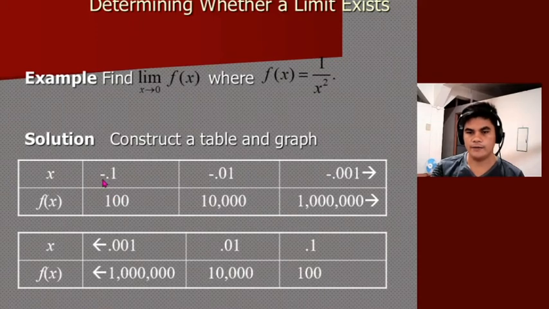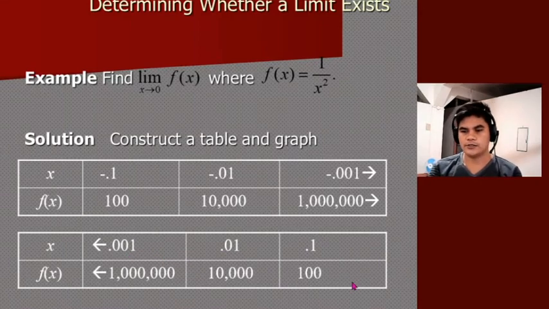From the left, we have negative 0.1, negative 0.01, and negative 0.001, and the values are 100, 10,000, and 1 million. From the right, we have 0.1, 0.01, and 0.001, and again the values are 100, 10,000, and 1 million.